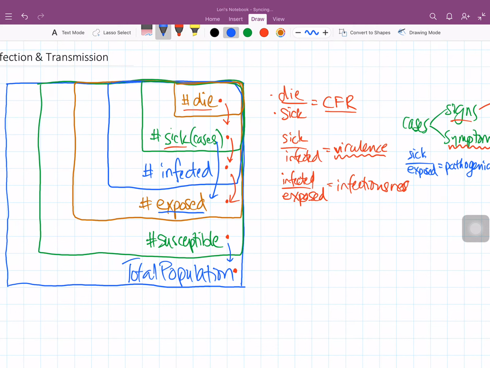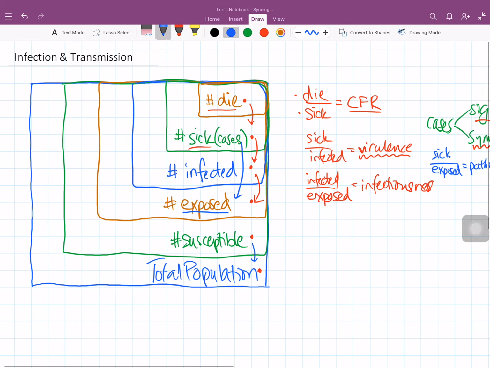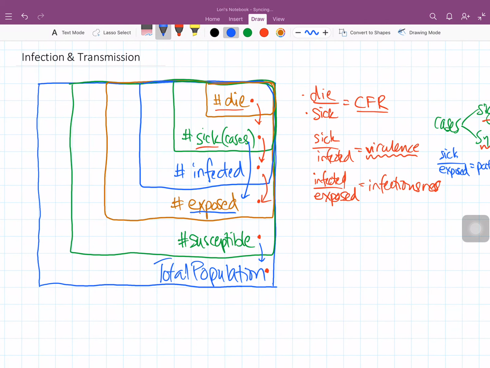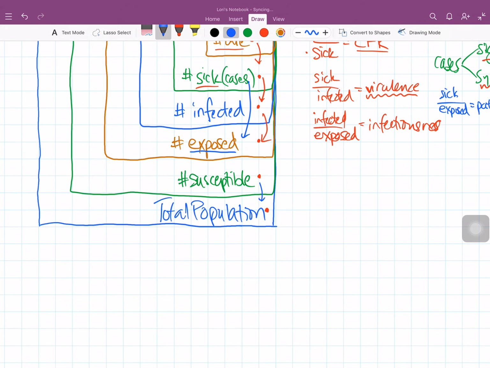Okay, so let's move on now to the whole idea of transmission. With transmission, we really want to know how that particular organism gets from one person to the next. There is both direct transmission and indirect.